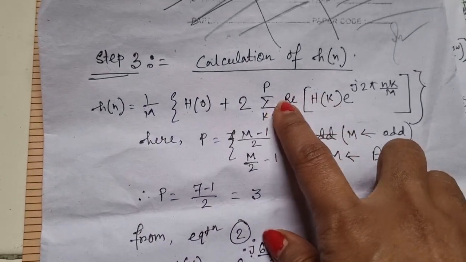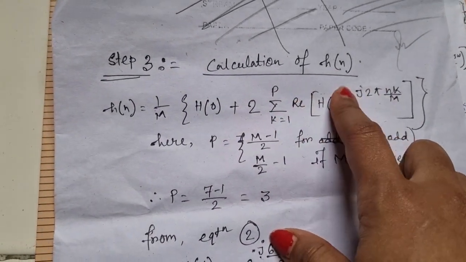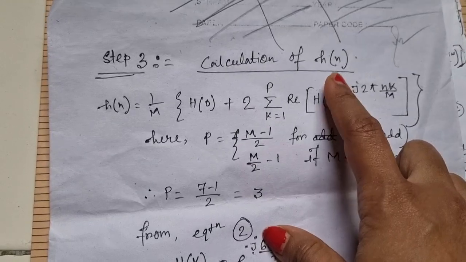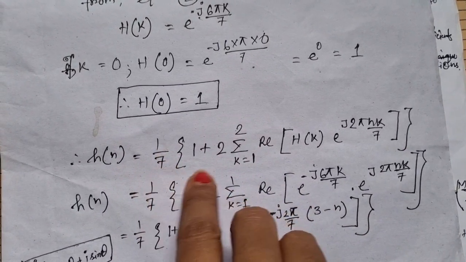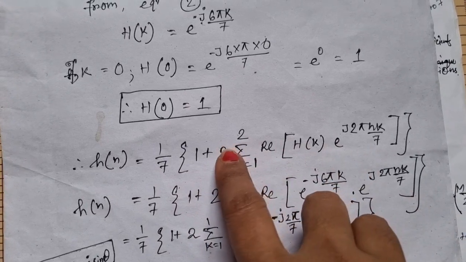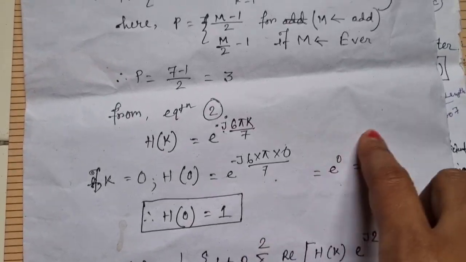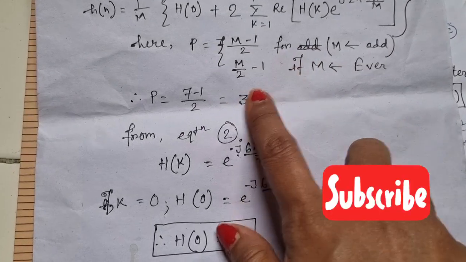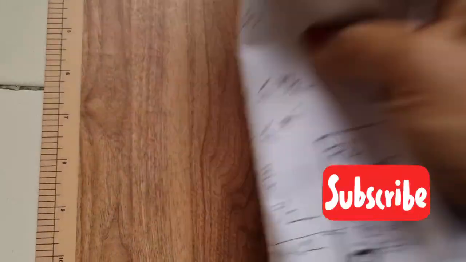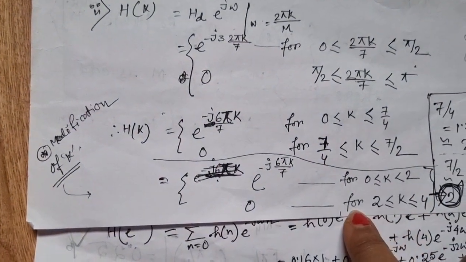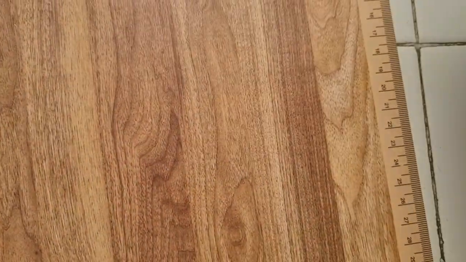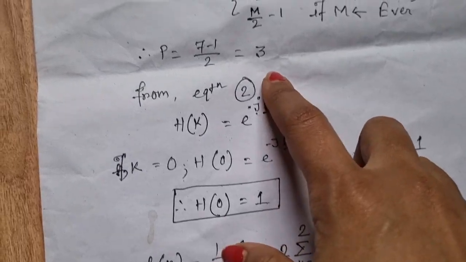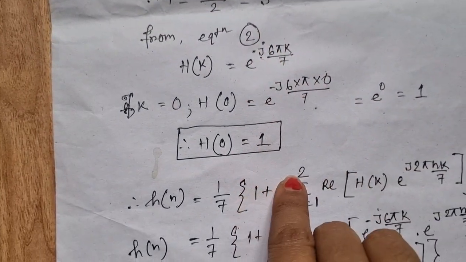Now come to the next step, the real part: how we can calculate this portion. Write the formula: 1 by 7 times 1 plus the real part. As the value of p is 3, but when we are calculating we get 2 as the k value limit, so instead of putting 3 we will put 2 here.